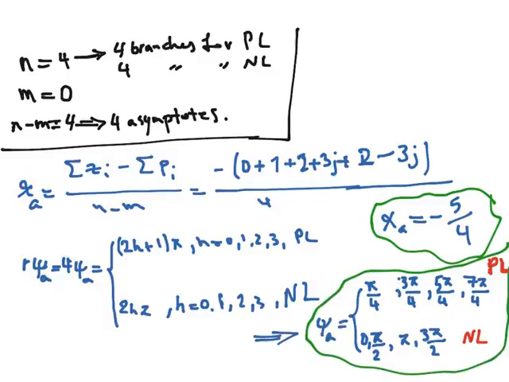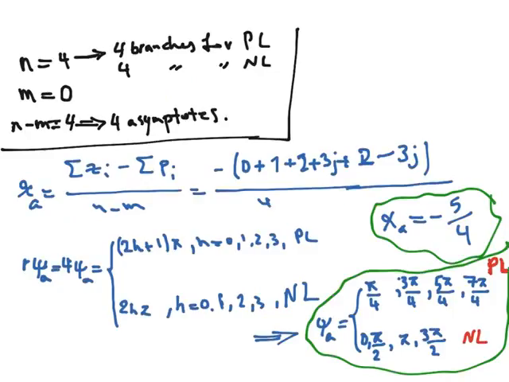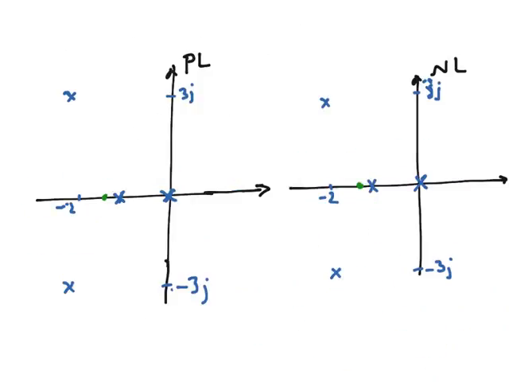Now we can go back to our root locuses and draw the asymptotes. Remember that for both cases xa is equal to minus 5/4. Minus 5/4 is minus 1.25, which is somewhere here. In the case of positive locus, we have the angles for the asymptotes equal to pi over 4, 3 pi over 4, 5 pi over 4, and 7 pi over 4.